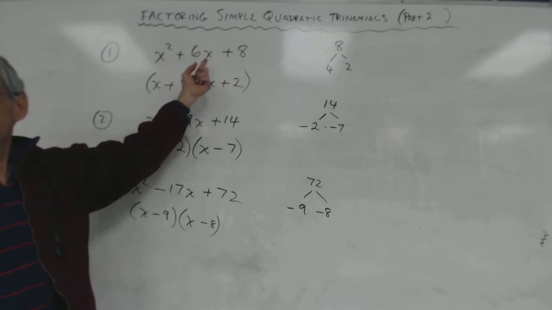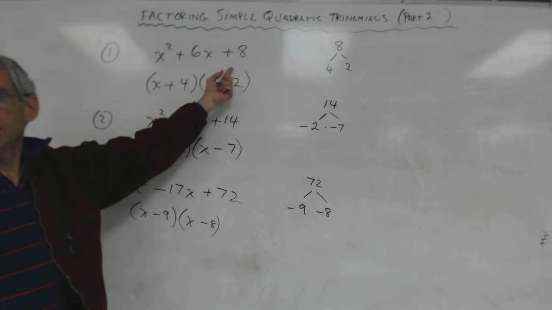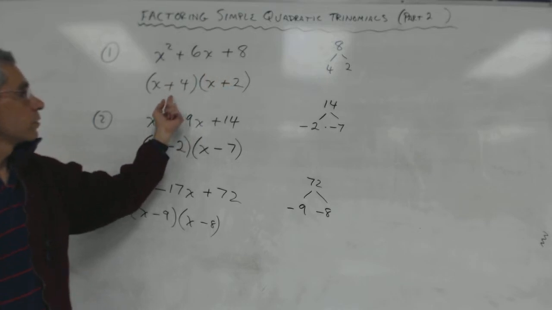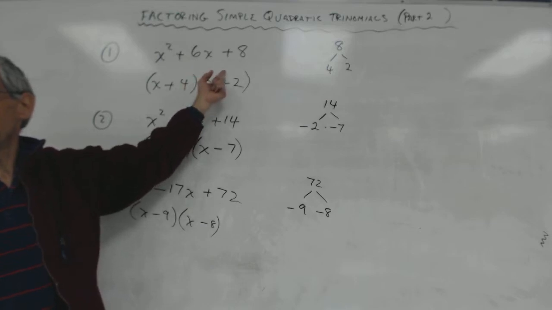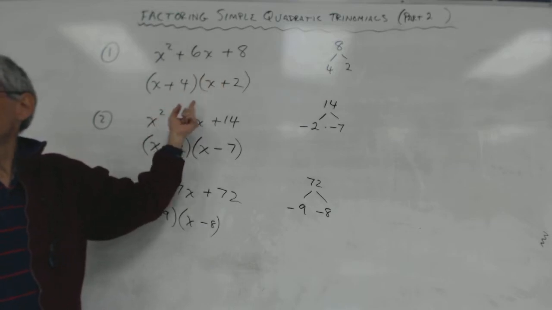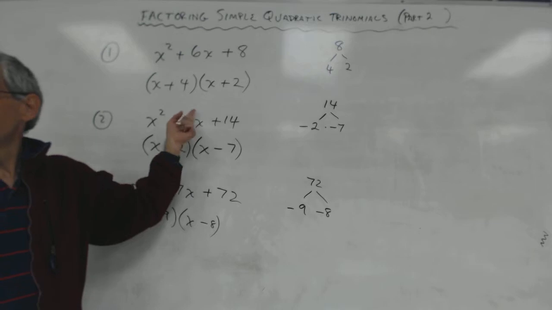There are no negatives in the original problem. If there are no negatives, there's no room for negatives in the factoring. Does it make sense?